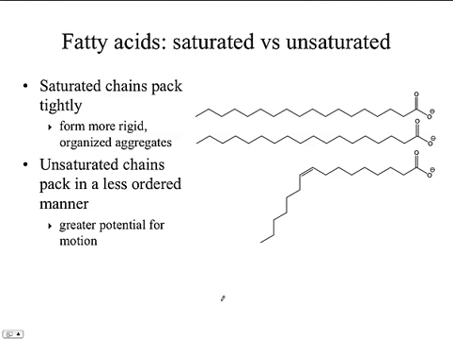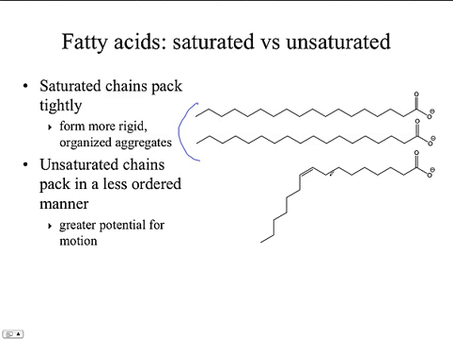So, saturated versus unsaturated fatty acids and how they influence the structures that form. Basically, a saturated fatty acid will pack very nicely against another saturated fatty acid. Notice that in these two fatty acids here, the R groups, or the alkyl chains, line up fairly nicely with each other and can actually pack into a fairly nice structure.